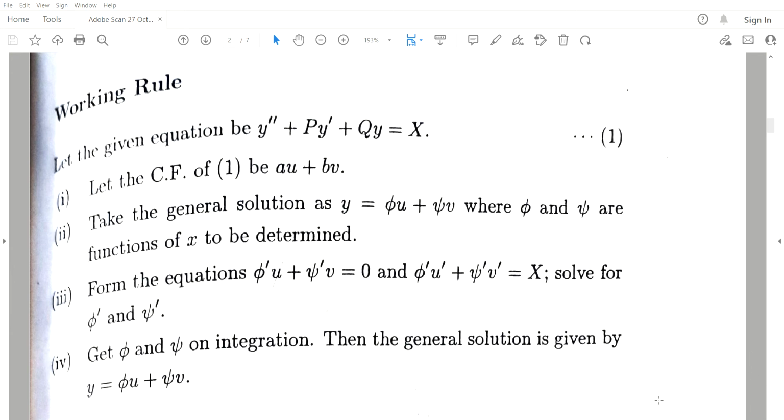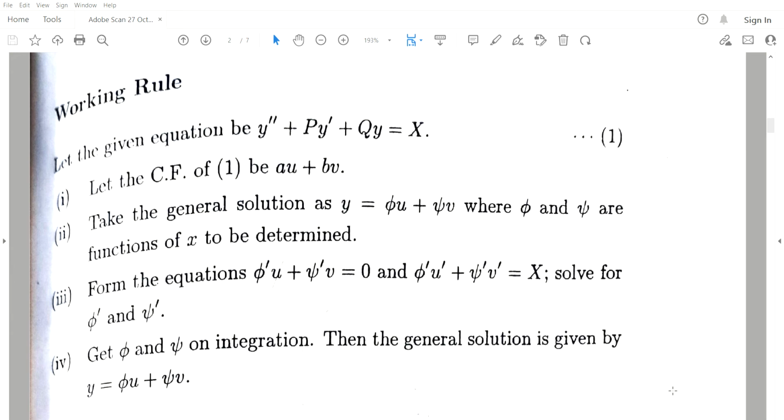Let the given equation be equation 1, and let the complementary function calculated by putting the right hand side 0 be au plus bv.